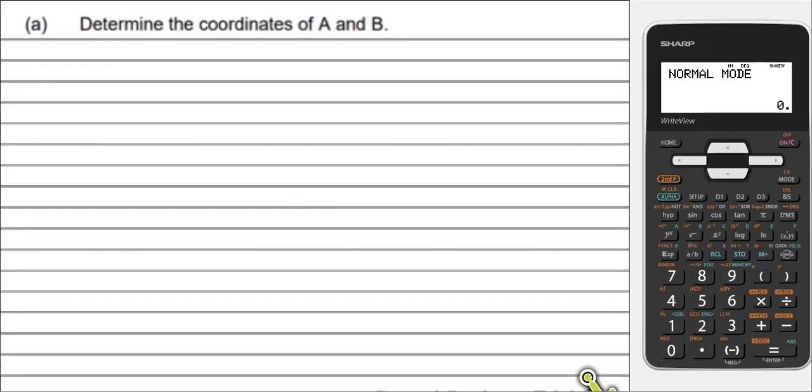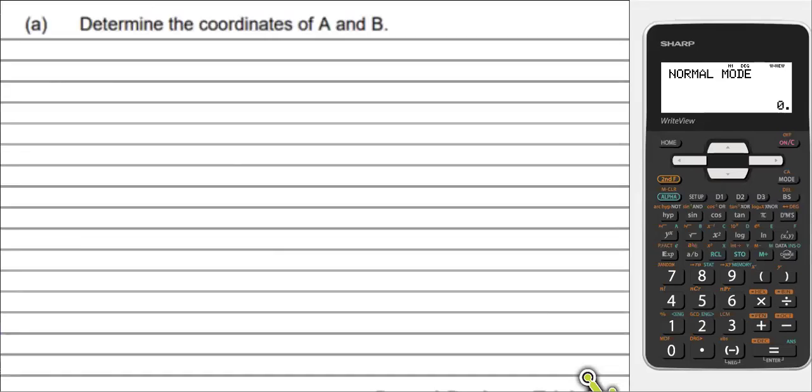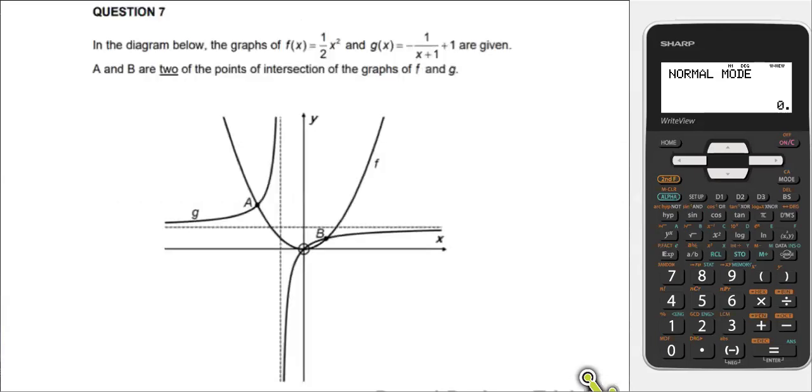So let's equate the two equations. One of them is half x squared. So we're going to equate them. So half x squared. But I feel like I did this one. All right, and then minus x plus 1. Okay, so it's going to be minus x plus 1.